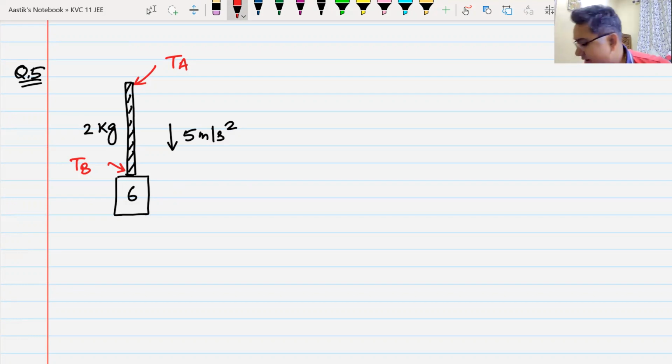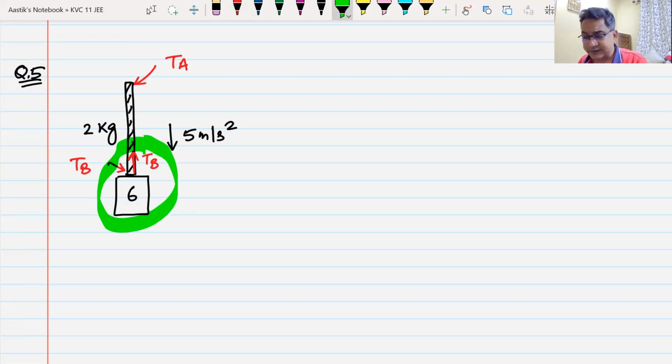Now let us first find the tension at point B. If I have to find tension at point B, I will draw the free body diagram and simply take this block as one system. The downward force on this block, only one block, is 60 newtons.